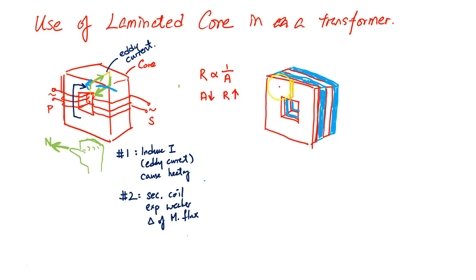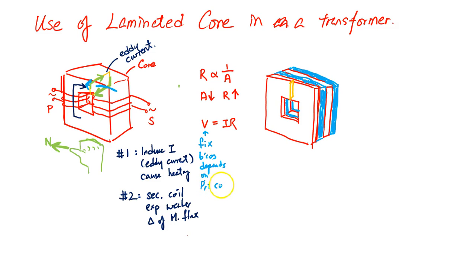Now, if you look at the system here, the induced EMF on the core is caused by the changing magnetic flux produced by the primary coil. So by V equals IR, your V is actually fixed, because it depends on your primary coil.